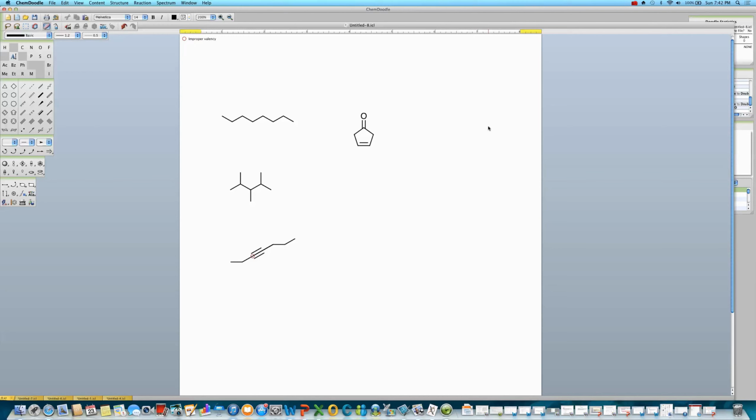So, in preparing for class tomorrow, predict how many hydrogen environments are associated with each of these compounds, and we'll be referring to these compounds continually during lecture tomorrow evening.